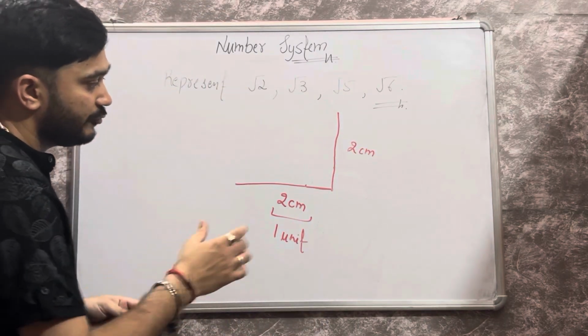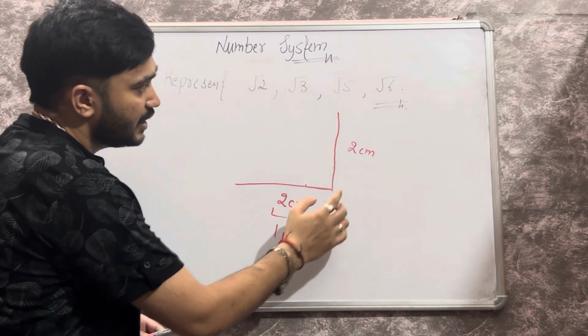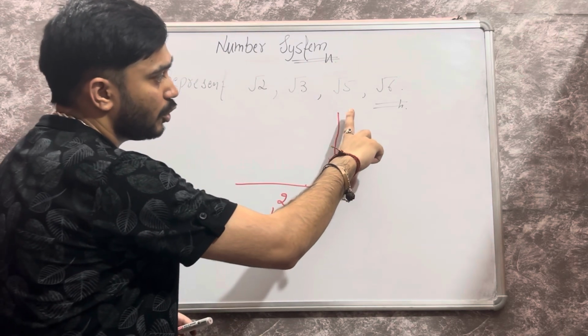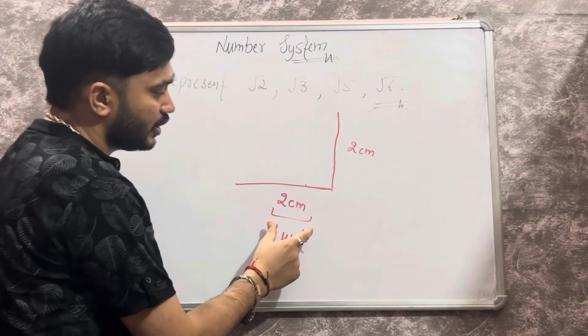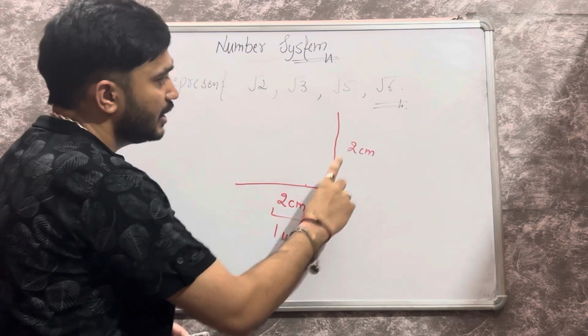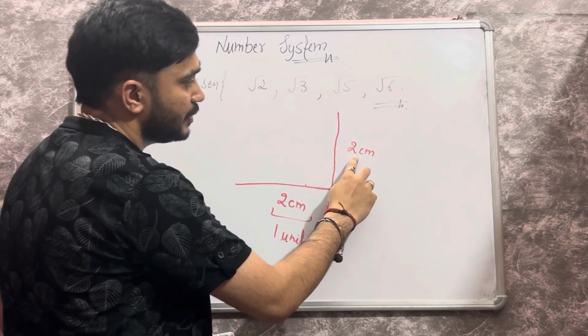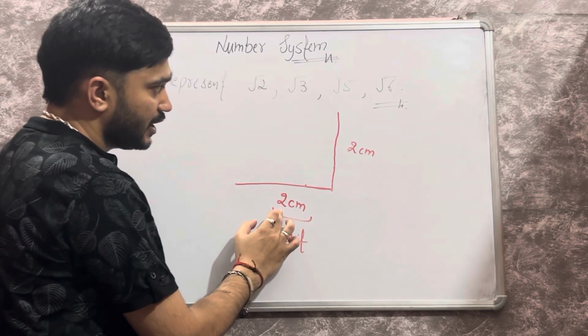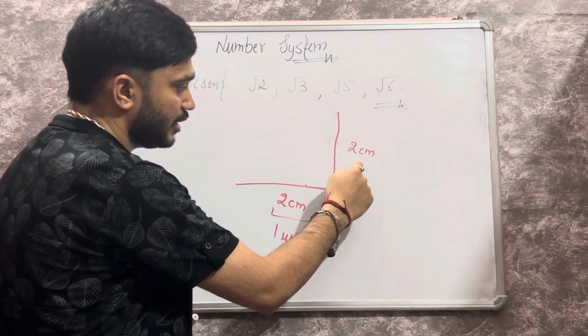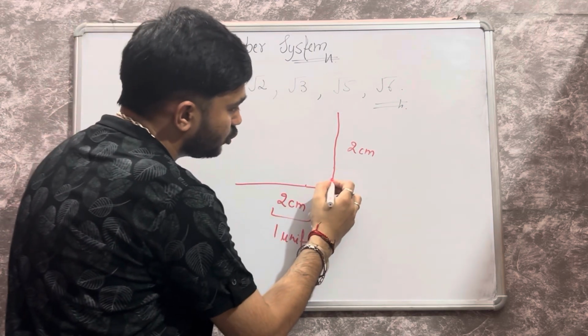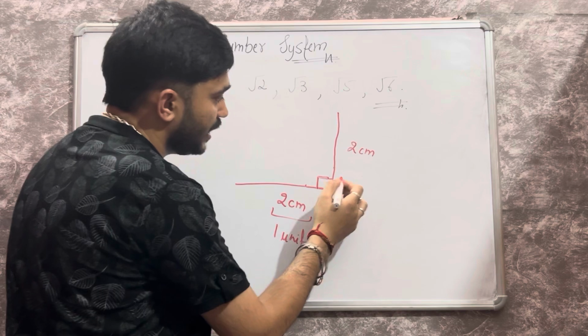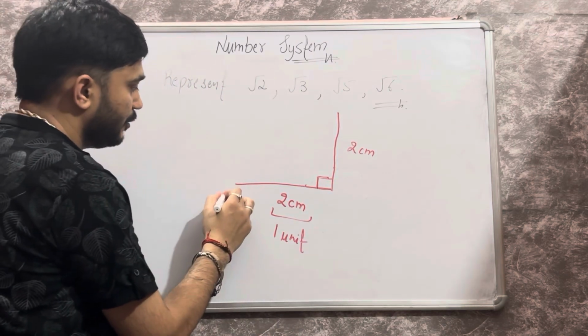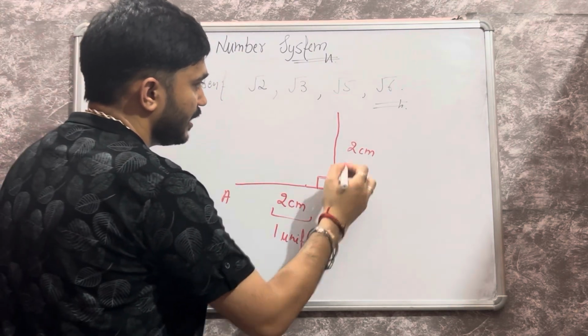Always remember, if you are taking 2 centimeter here, this distance should also be 2 centimeter. If you are taking 3 centimeter here, this distance should always be 3 centimeter. 4 centimeter here, then 4 centimeter here also, and it should be perpendicular. These two lines should be perpendicular. Name them A, B and C.